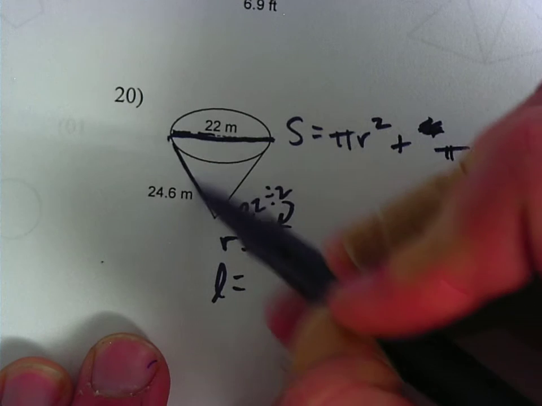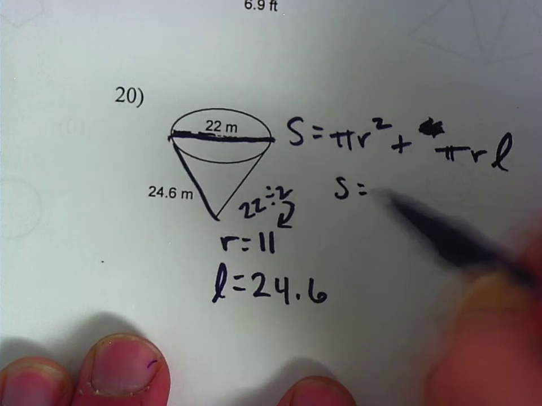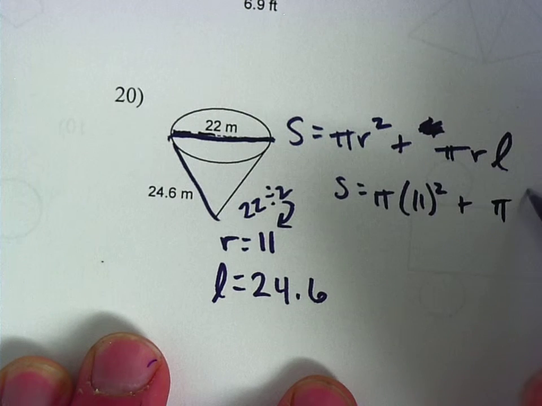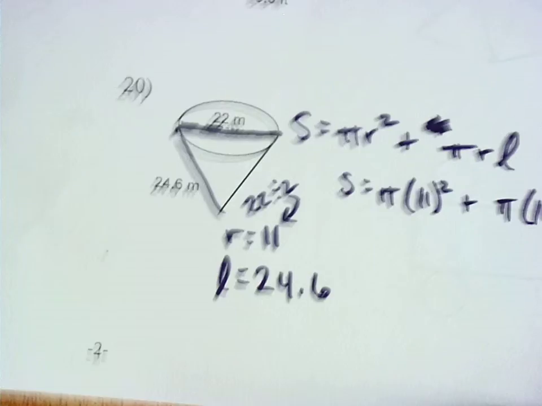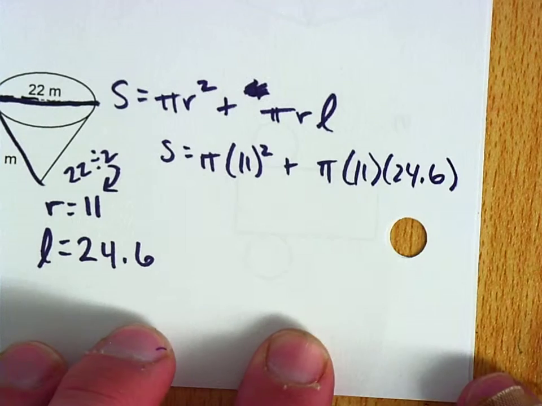So it's this line right here, which is 24.6. So this is pi 11 squared plus pi times 11 times 24.6. Right, we're just plugging these things in now.